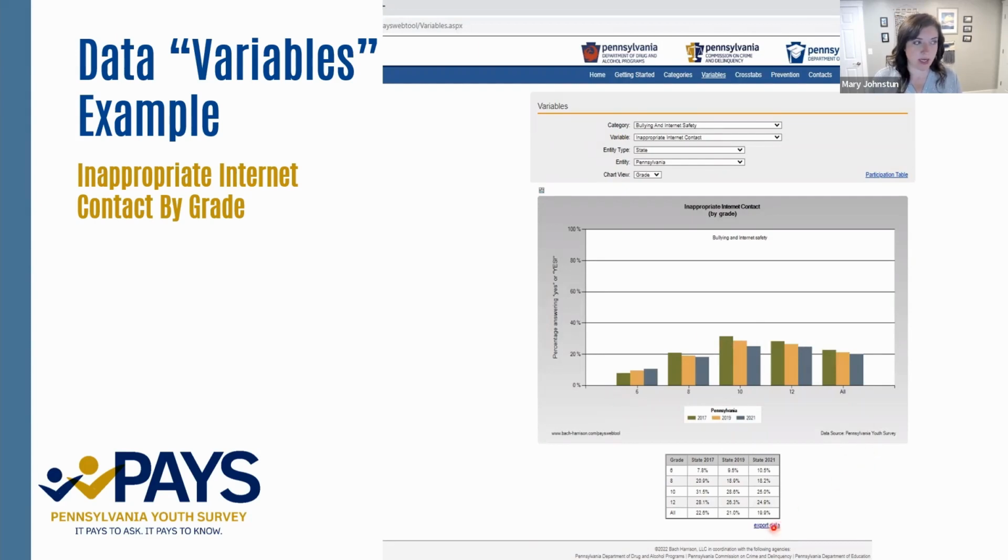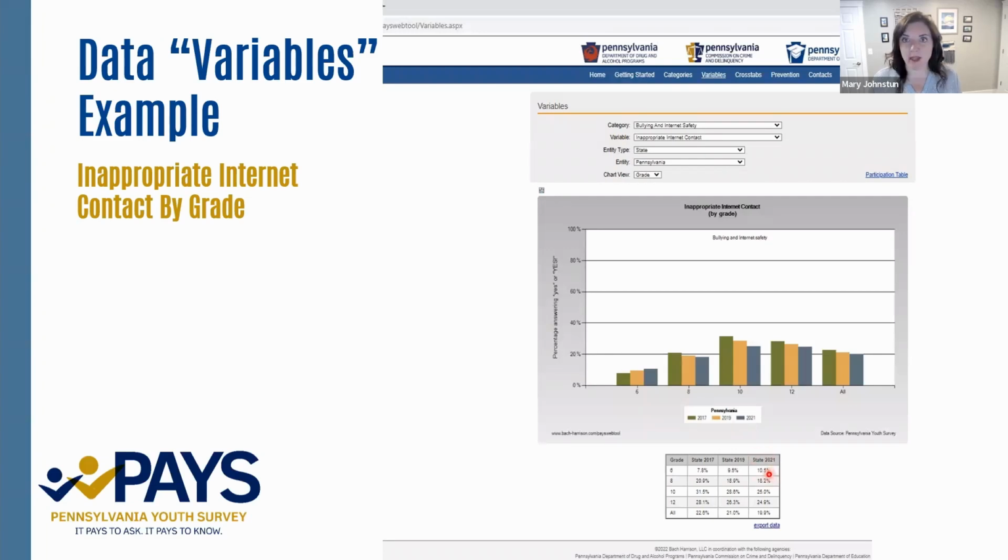All of the same features exist. You can export the data in CSV. You can toggle it to change the y-axis, and I'll show you how that works when we do the demonstration. You can also download, this is something I didn't mention before, you can click on this button to see your participation table. So maybe you're curious about, it looks like 10.5% of 6th graders experienced inappropriate internet contact in the last year.